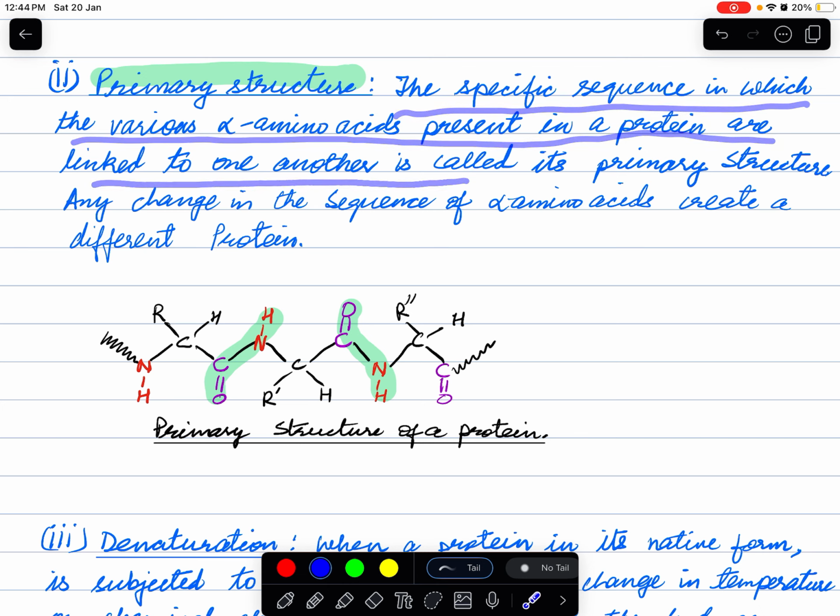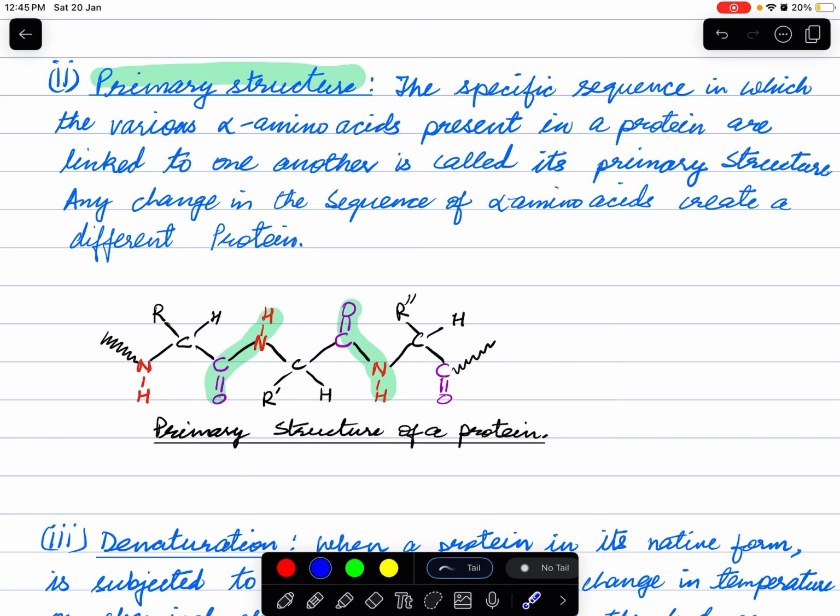One very important thing to remember is that any activity or function of the protein is because of its structure, so any change in the sequence of amino acids creates a different type of protein. This is all about primary structure.